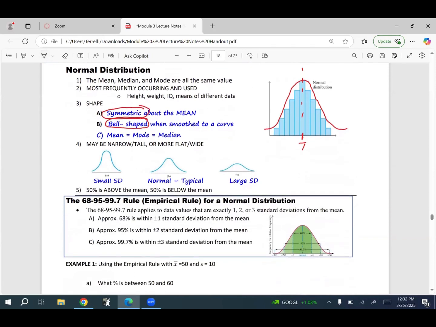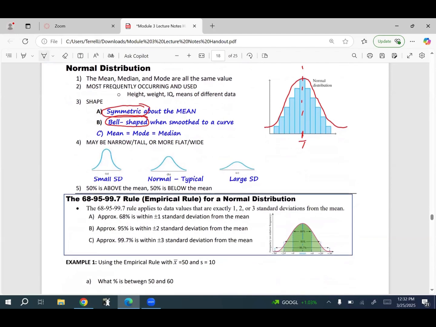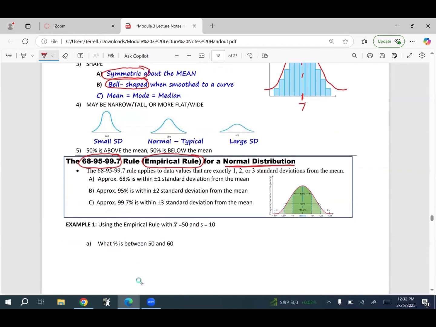Another rule that is specific to the normal distribution is called the empirical rule. The empirical rule is also referred to as the 68, 95, 99.7 rule. If you take a look at this image, you have the mean in your center.